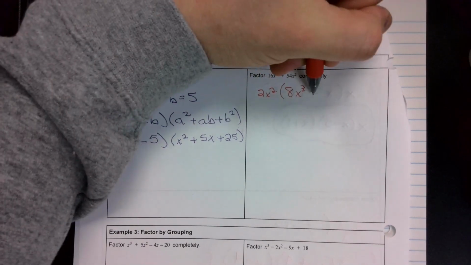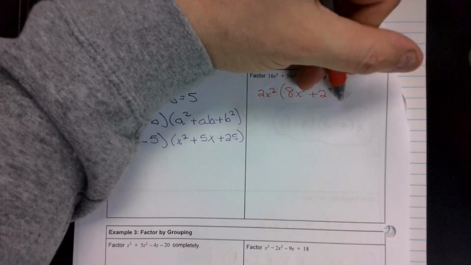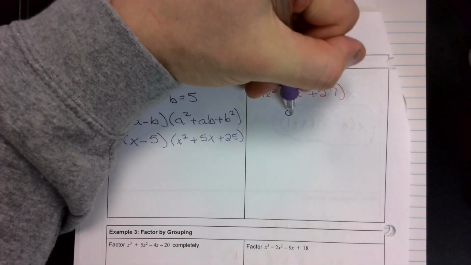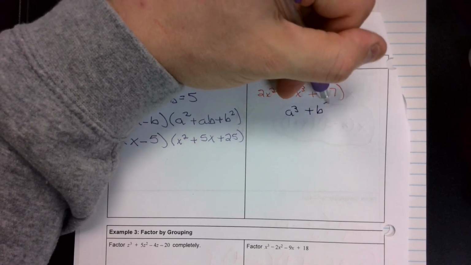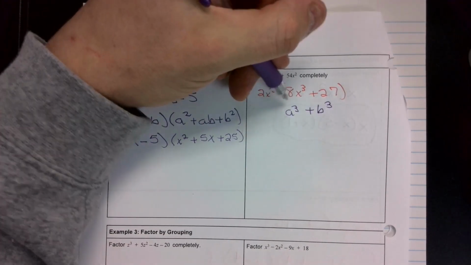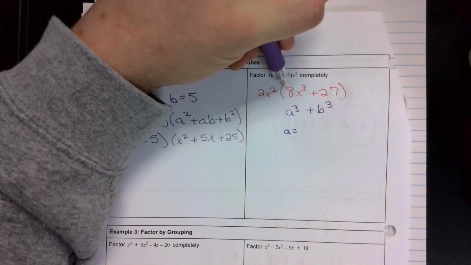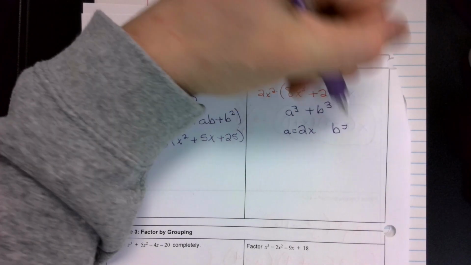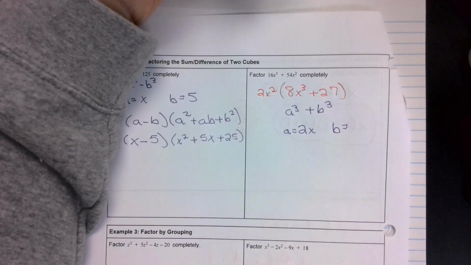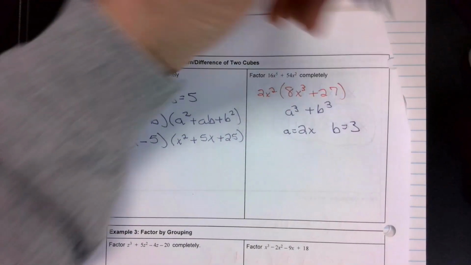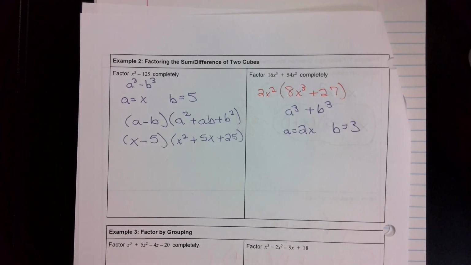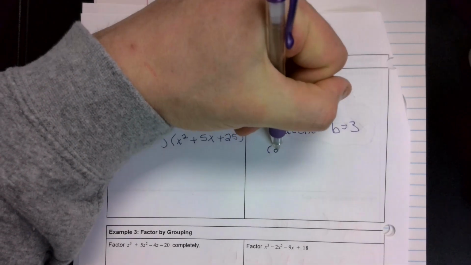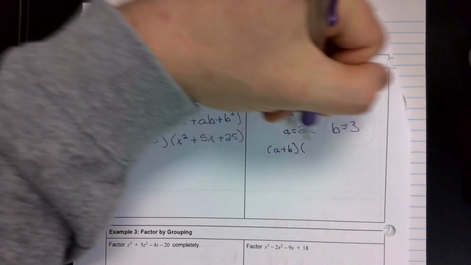This has the form of a cubed plus b cubed, which means that a equals the cube root of this, which is 2x, and b equals the cube root of this, which is 3. It has the form of a plus, so it's going to be a plus b, and then a squared minus ab plus b squared.